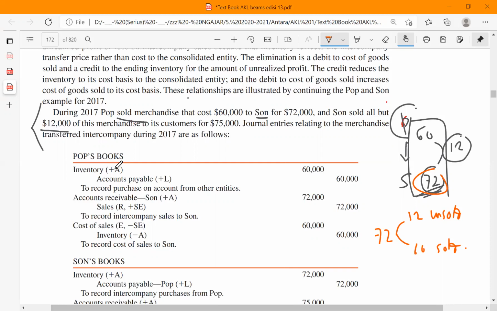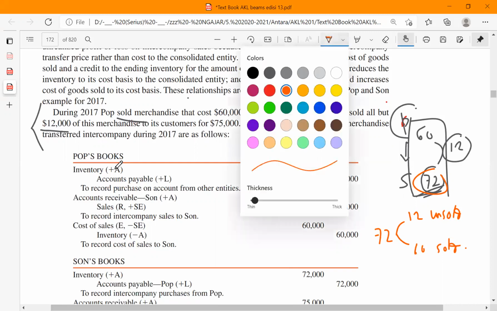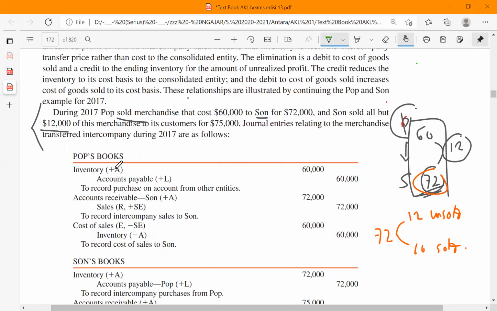Now let's move on to the point of view of the original amount, from the point of view of P. We also have to compute how much is actually unsold and sold.